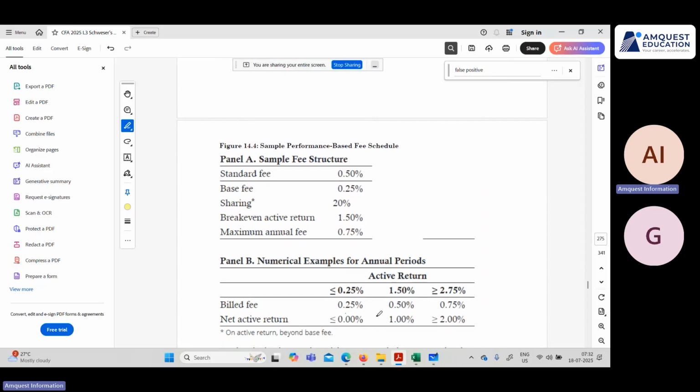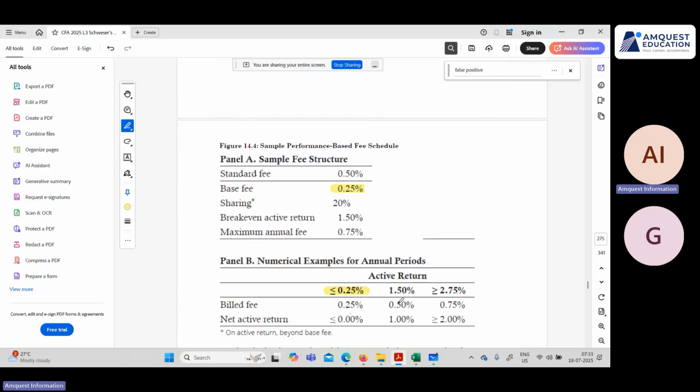If your return is less than 0.25, your base fee is 0.25, so you will always have to pay 0.25 at least. Your active return is what you got minus what you paid, so your net active return is 0.